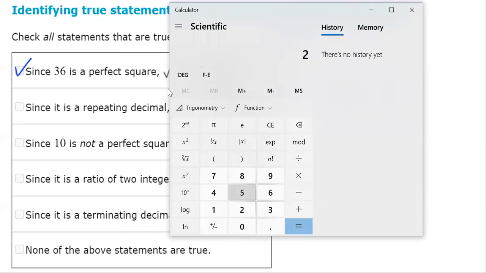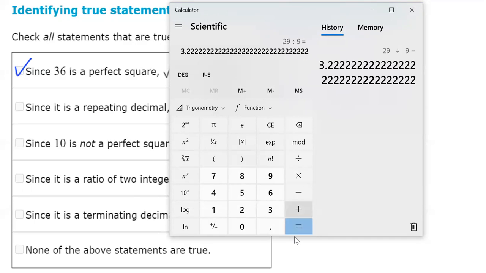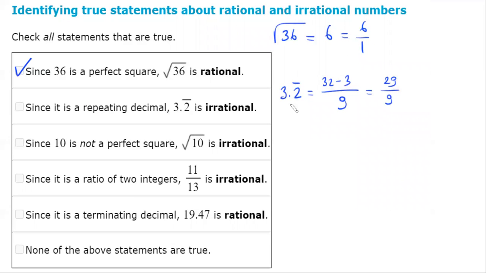So let's divide 29 by 9. As you see, it is 3.2 repeating. So I can write 3.2 repeating as a fraction. This is a fraction, so it is not correct. 3.2 is a rational number.